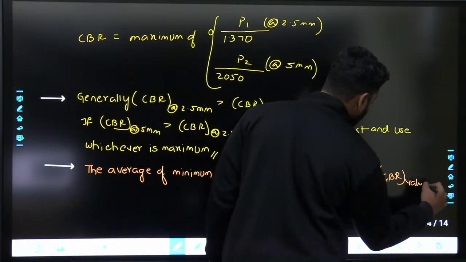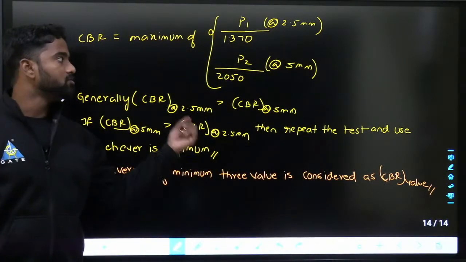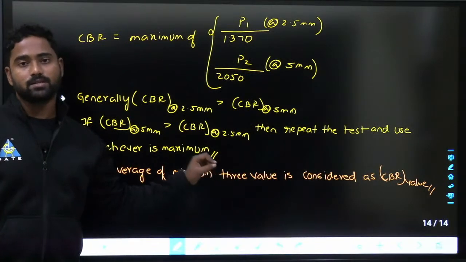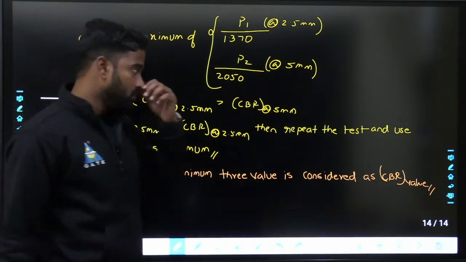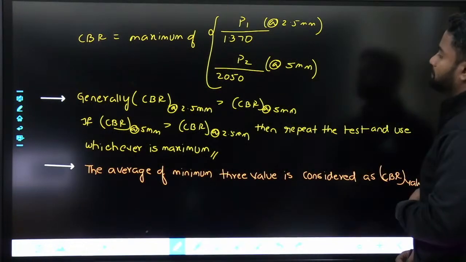That means the test is repeated three times and the average of all the three values is considered as CBR. Fine, so these are the things that you should remember.